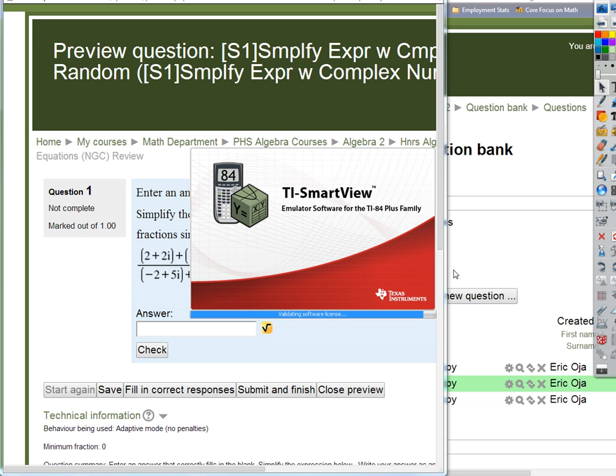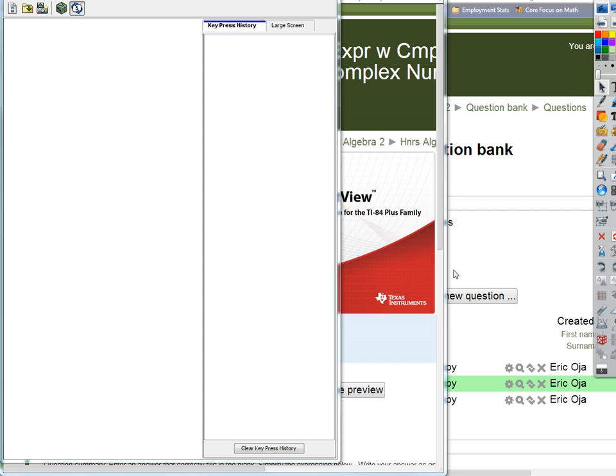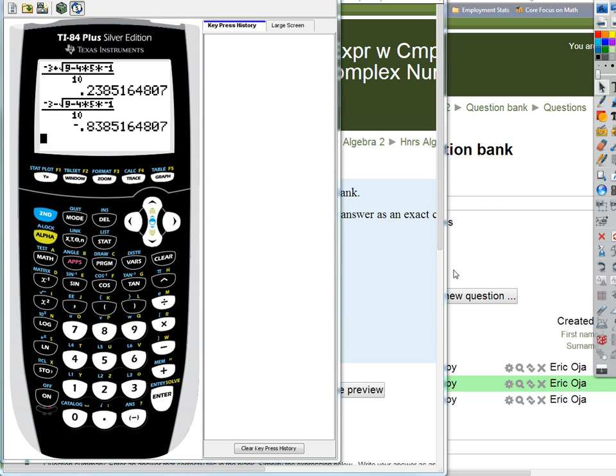remember though, this is something to remember because people will get screwed up on this. You can't use the fraction template with complex number mode on the graphing calculators. Right.